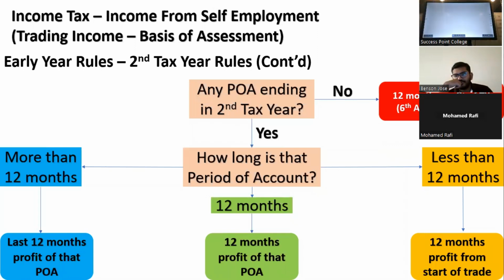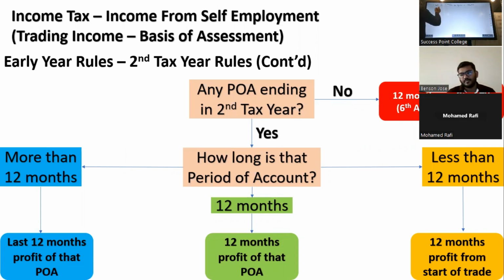Once we have understood the case of no accounting period ending in the second tax year, let's go with the third example. Let's suppose a person started a business on 1st July 19 and decides to prepare his first accounts on 30th September 20. So this is a period of 15 months. For the 15 months period, the profits are 90,000.